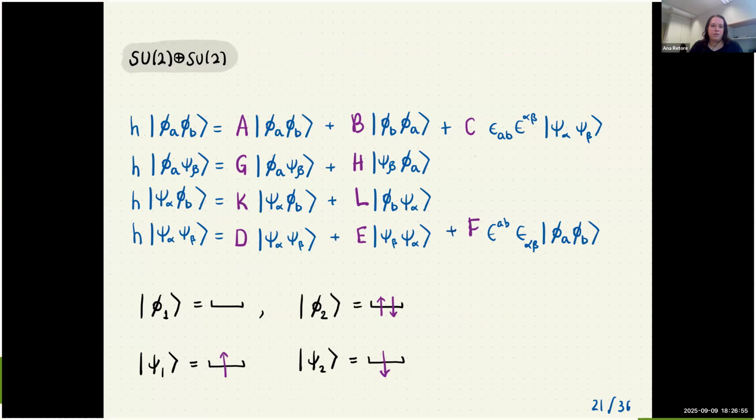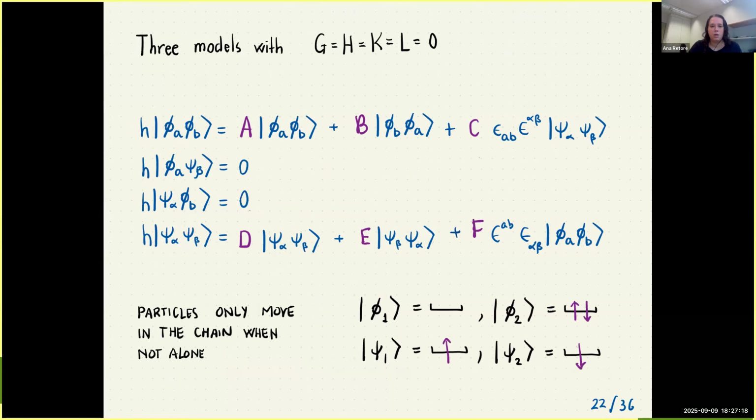If you just ask to have SU2 plus SU2, the density Hamiltonian looks like this, where the phi's are the bosons. Phi1 is a site with no particle. Phi2 is a state with one particle spin up and one down. And then the psi's are the fermions. So you have 10 parameters. You can solve the system using our method.